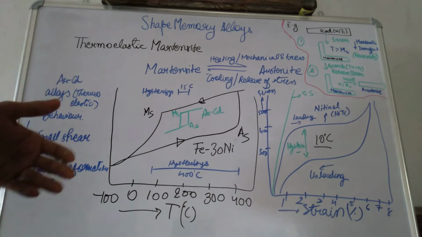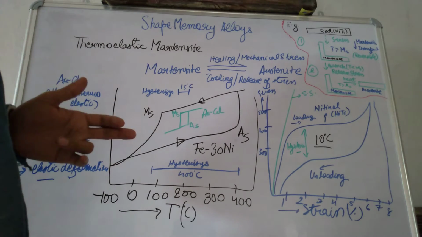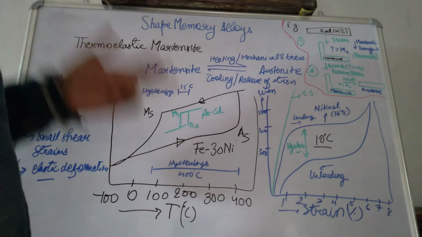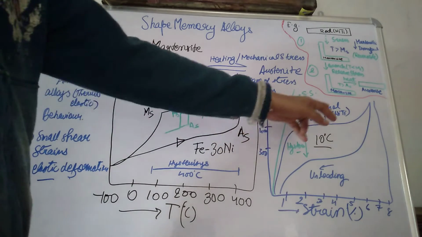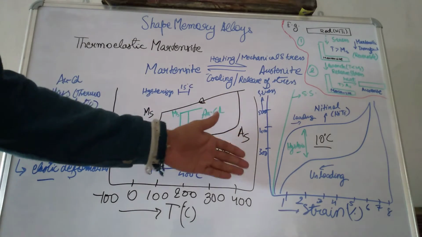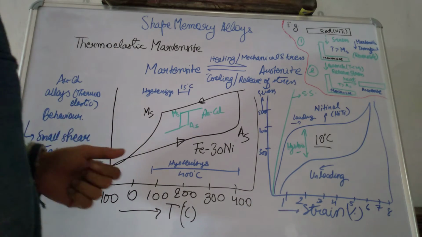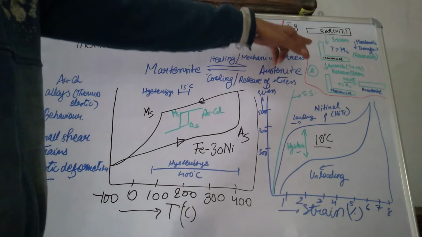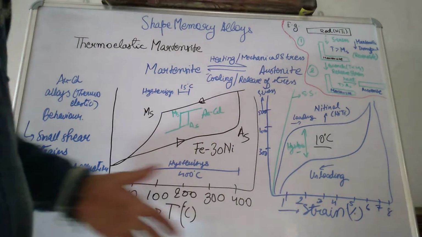We don't want martensite to form by cooling; instead we are applying stress, and at about 500 megapascals the NiTi will transform to martensite. It will show a large amount of elongation, so we are able to transform it into an L shape bent rod, and martensite forms in the material.